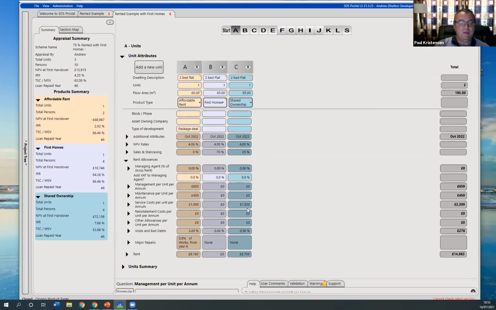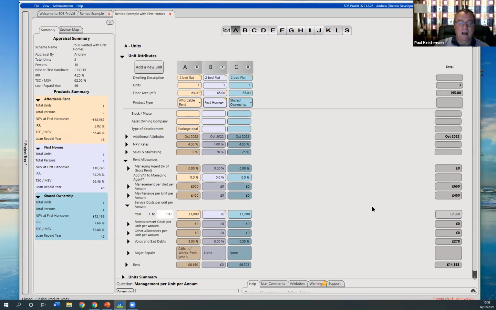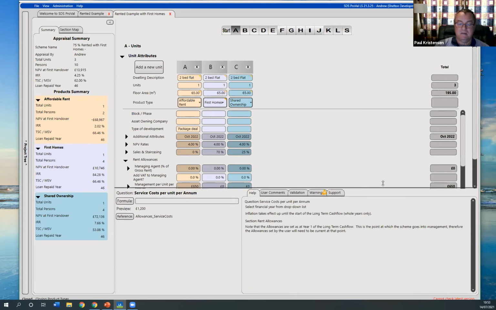Andrew, would you open up the service cost row for me, please? Yeah, sure. And then if you highlight the 1200, and go to the user comments, you can then put a comment about what that 1200 is made up of.